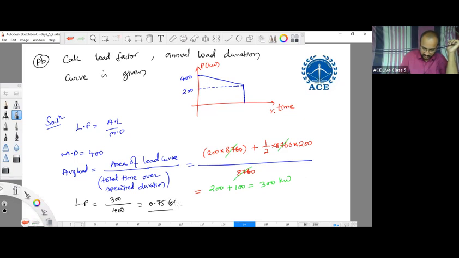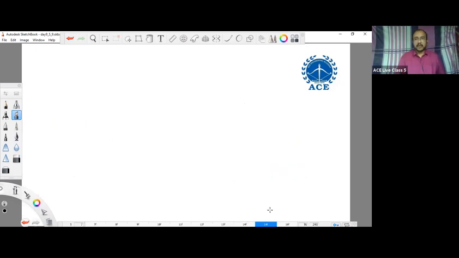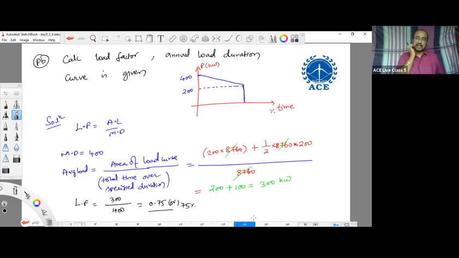Understood my point? This is how you calculate the load factor from the given load duration curve, and the average load and total number of units generated can be calculated using this relationship.